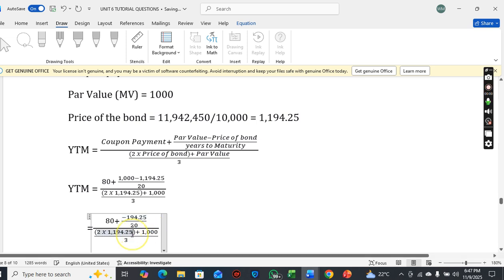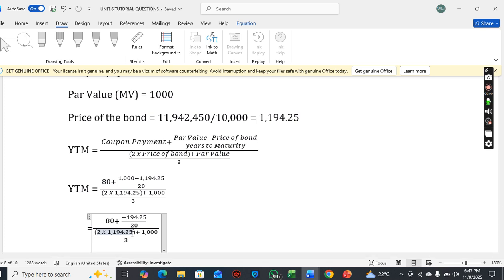Then here you can do 2 times 1,194.25, you get 2,388.5.